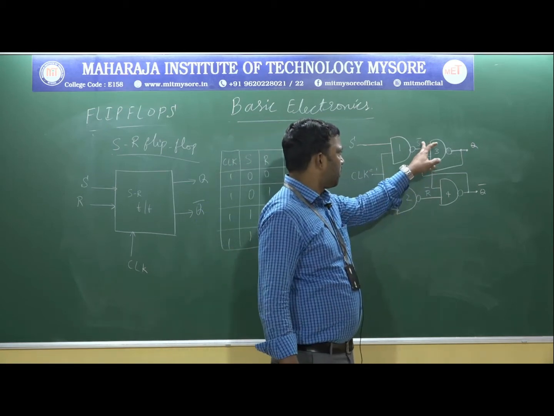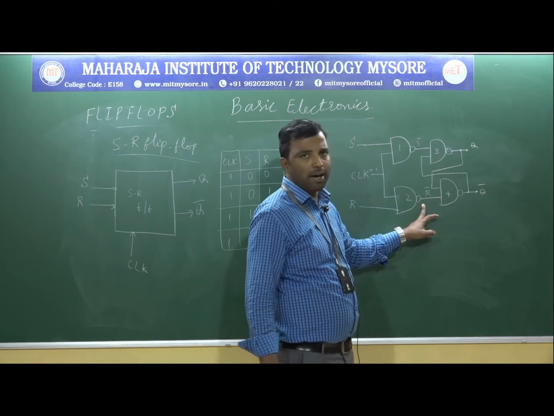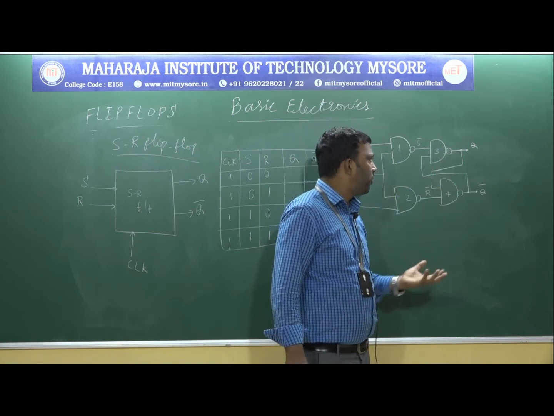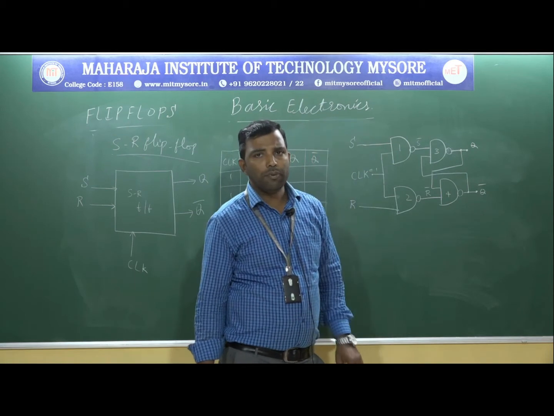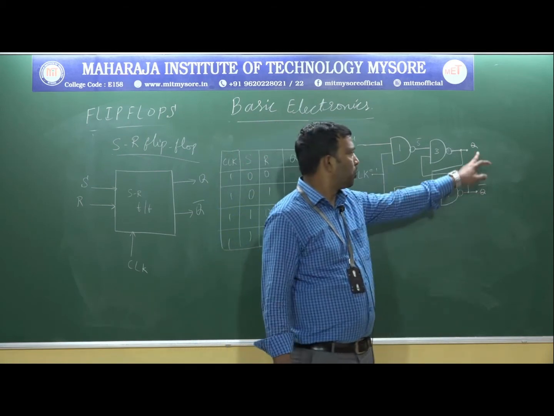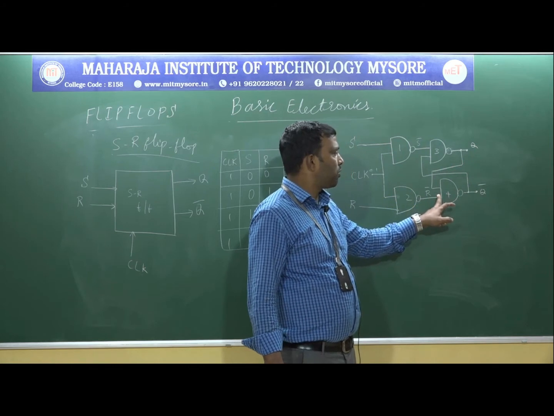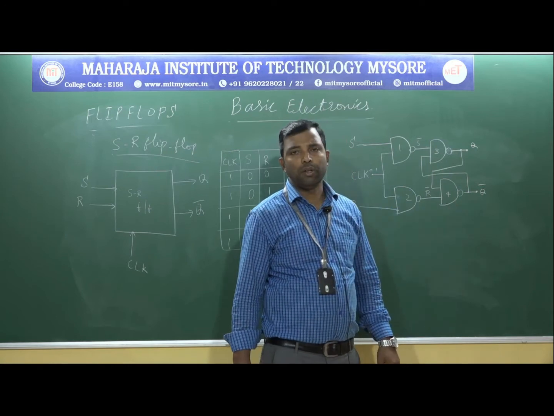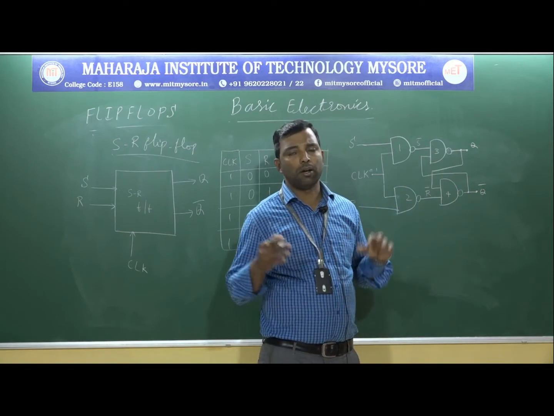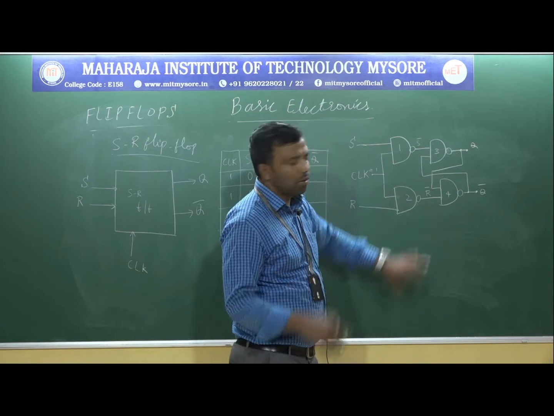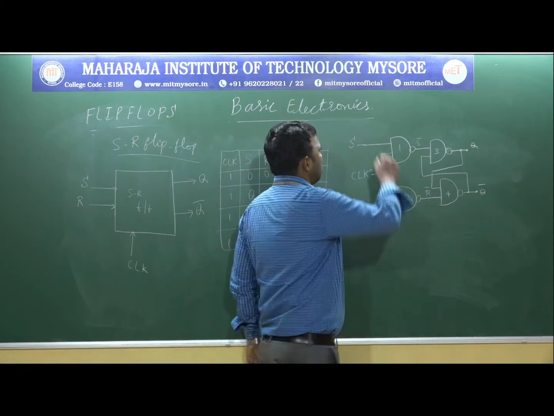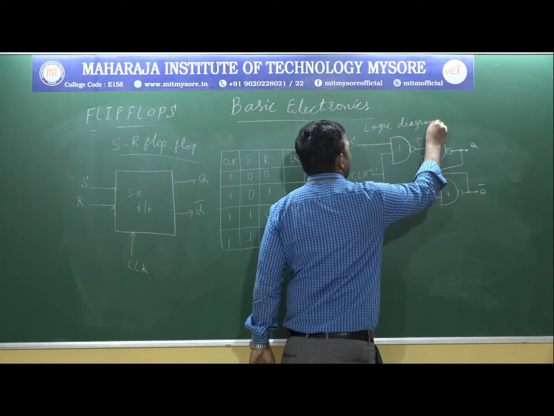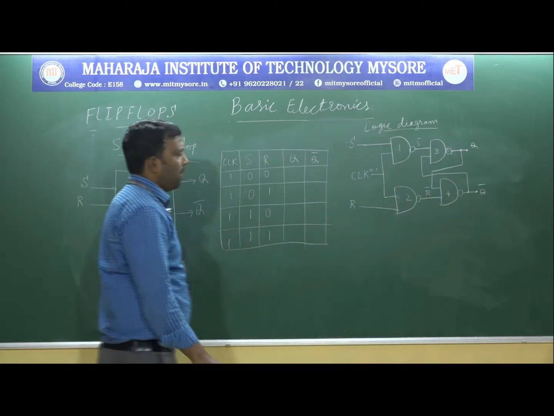The output of the first gate we will consider as S bar and the output of the second is considered as R bar. So here for gates 3 and 4, one of the inputs is the output: Q is connected to the 4th gate input and Q bar is connected to the input of the 3rd gate. This is the configuration for the SR flip-flop. That is the logic diagram of the SR flip-flop.